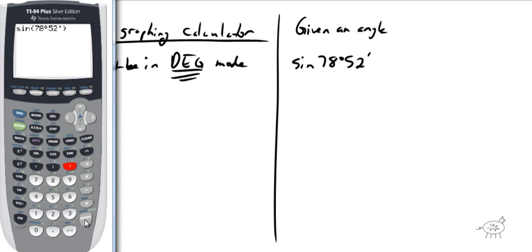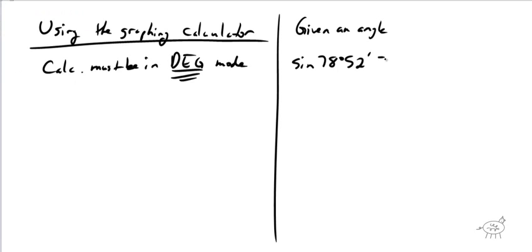Hit enter, and I'm going to round it to 4 decimal places, so it's equal to 0.9812. Really easy.